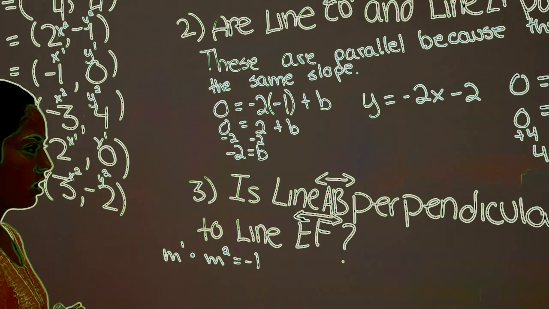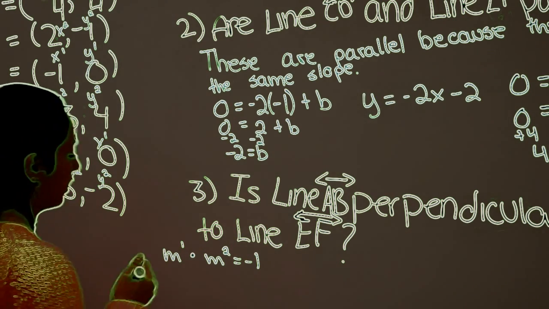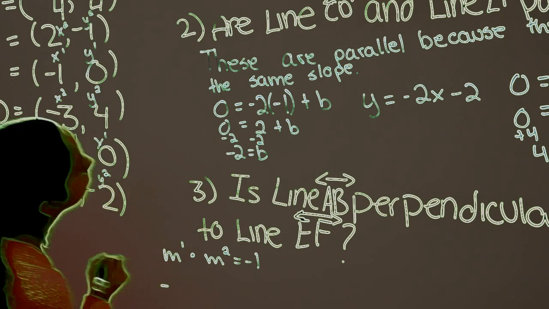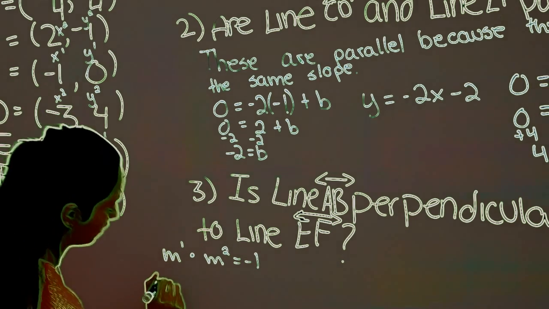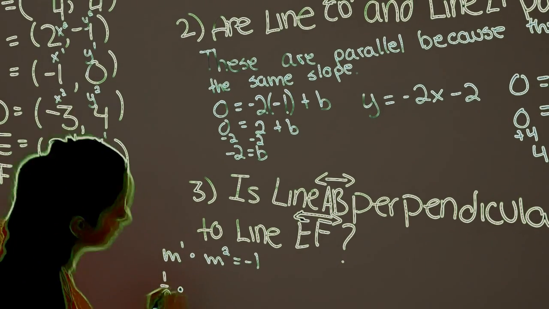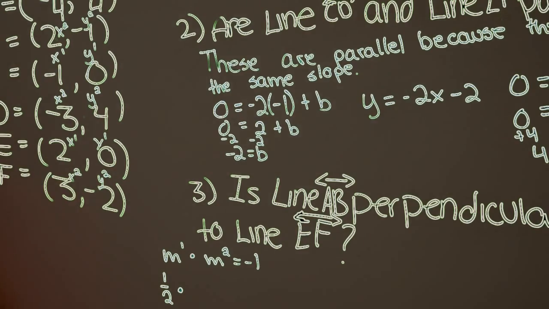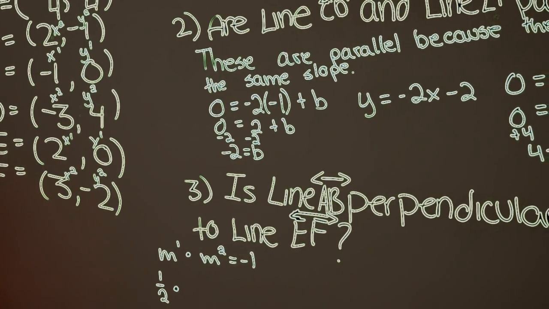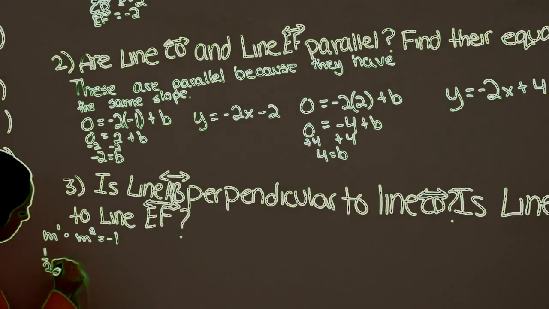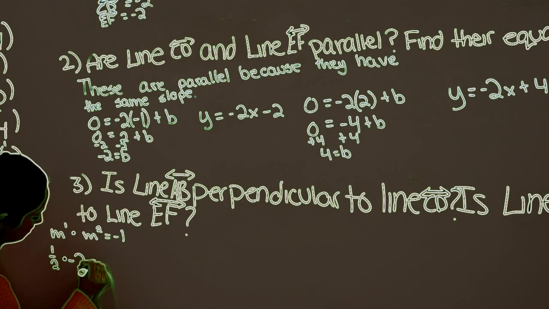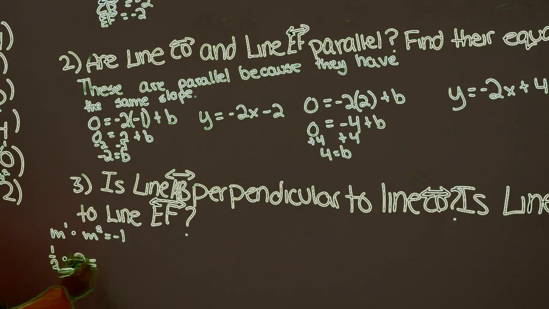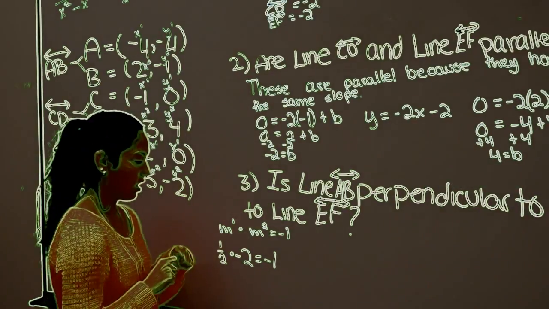The slope for AB is 1/2 times the slope for CD, which is -2. And this does equal -1, so AB and CD are perpendicular.